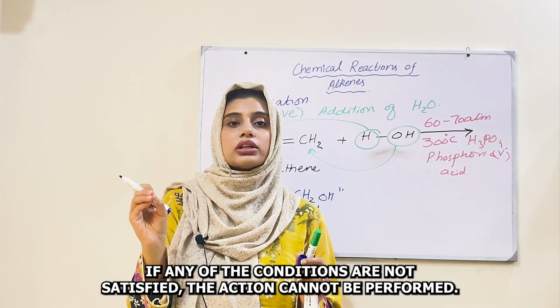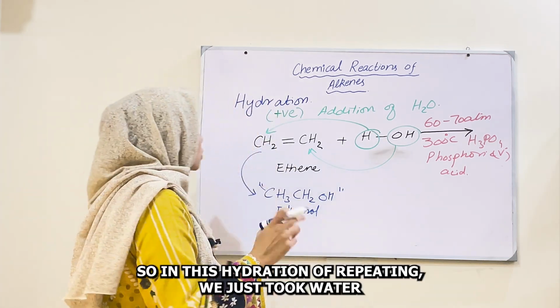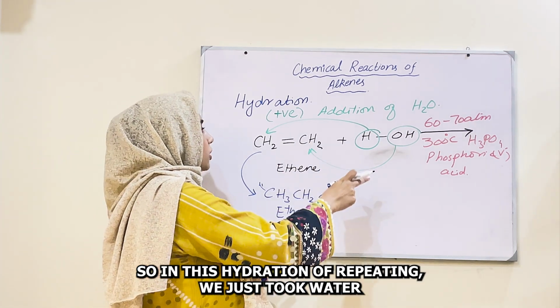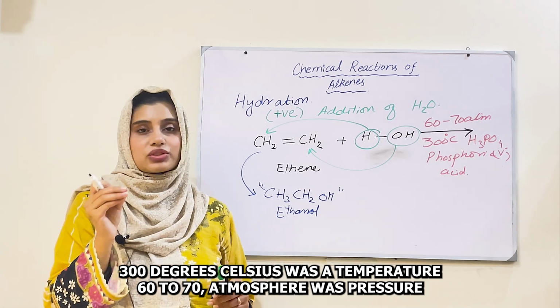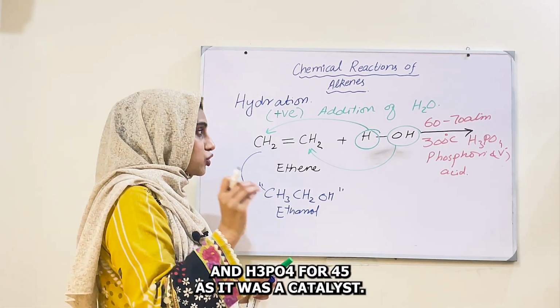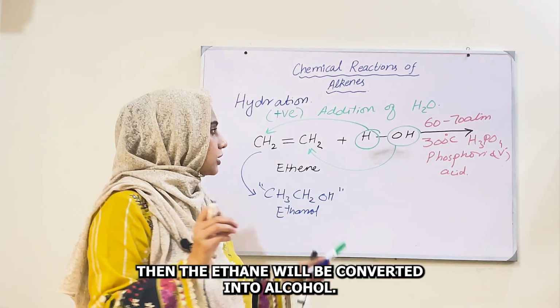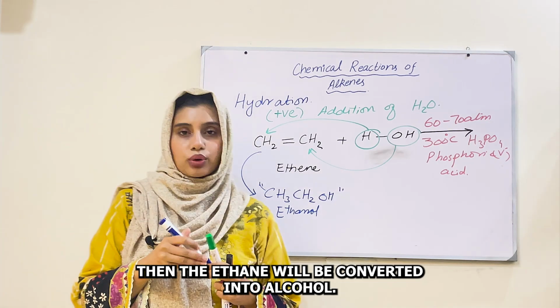If any of the conditions are not satisfied, the reaction cannot be performed. So in this hydration, I'm repeating, we just took water, 300 degrees Celsius was the temperature, 60 to 70 atmosphere was pressure, and H3PO4 phosphoric acid was the catalyst. Then the ethene will be converted into alcohol.